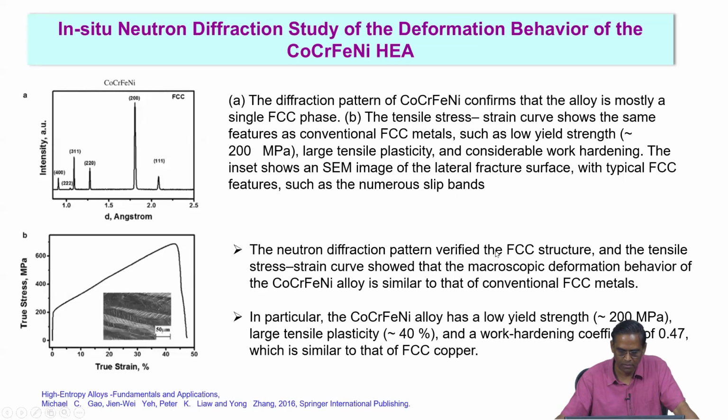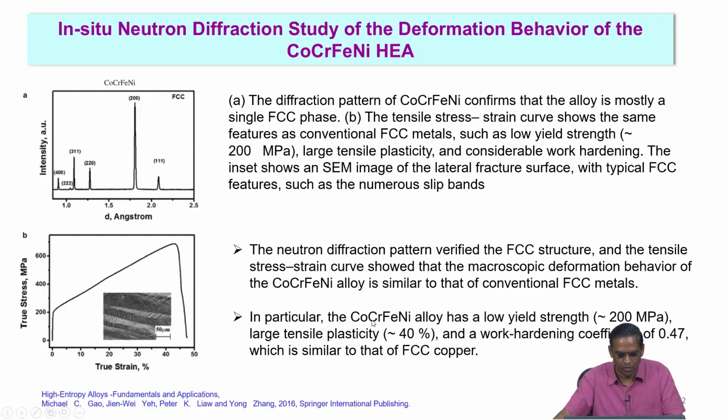The neutron diffraction pattern verified the FCC structure, and the tensile stress strain showed the macroscopic deformation behavior of the cobalt chromium iron nickel alloy is similar to that of FCC metals. So, there is no difference in this case, even though this is a complex alloy, there is no significant difference.